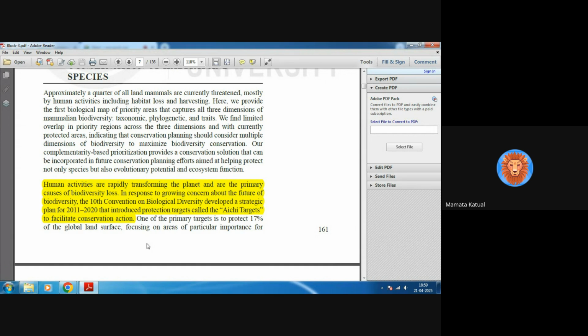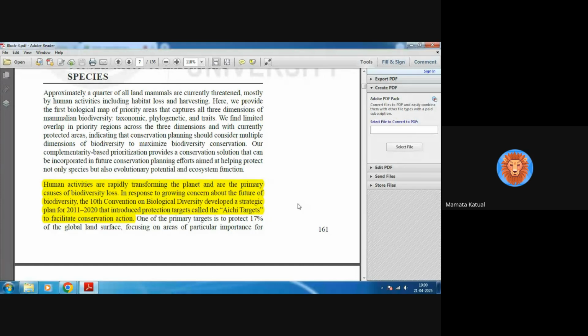They have given a target, and you have to achieve that target. And this target is also known as the Aichi target. Aichi is a district in Japan, and this convention was held in that district. That is why it is known as the Aichi target.